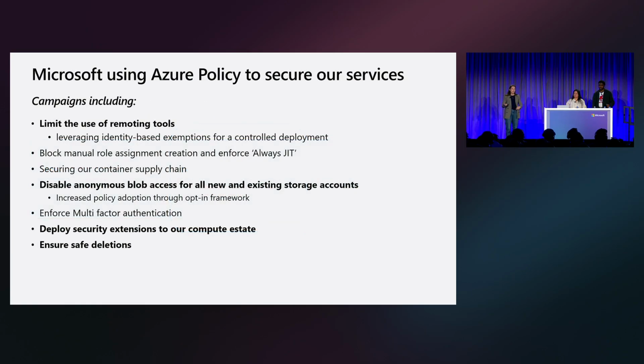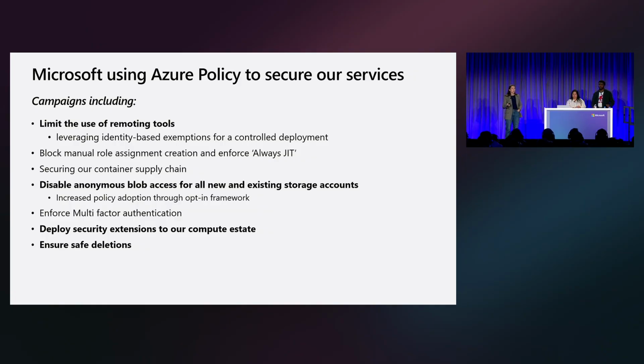So let's talk about a few really specific campaigns where we've used all of the governance services that we've talked about to really drive change internally across so many services and subscriptions. The first one I'll talk about is limiting the use of remoting tools. Within Microsoft, our development environment, the environment that our engineers work within, is incredibly locked down.